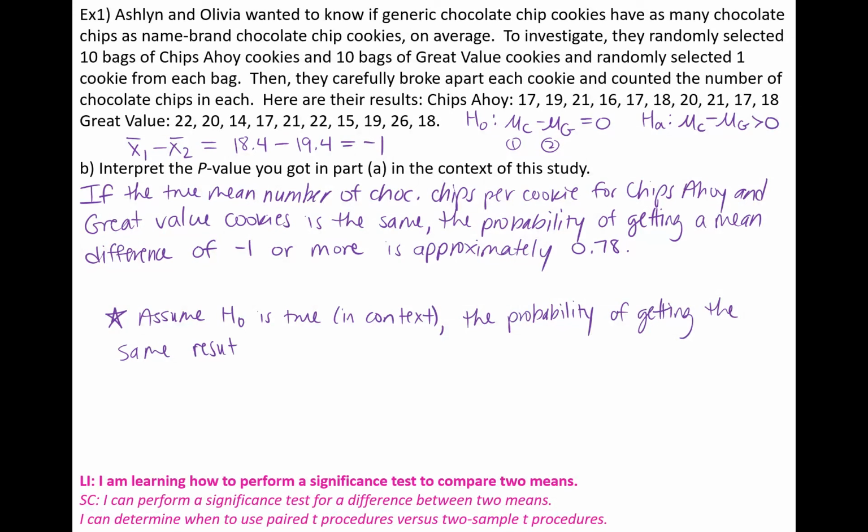So our result was that the mean difference was -1. But getting the same result, or more or less. So this depends on the alternative hypothesis, is approximately, and then whatever that is, our p-value.